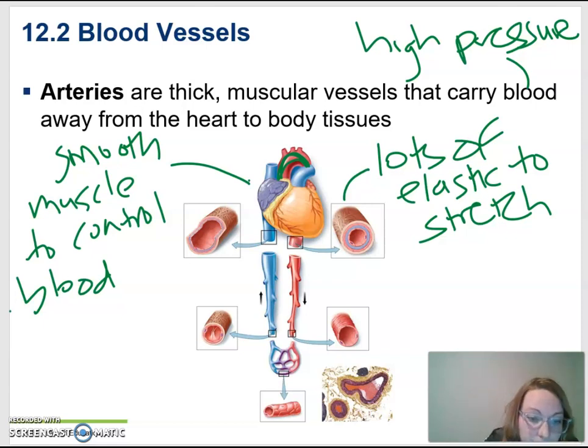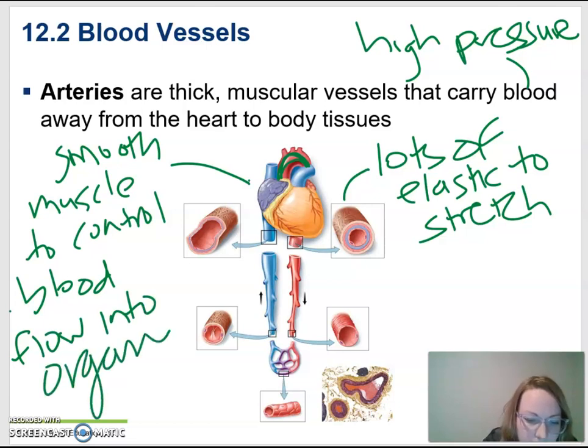Smooth muscle to control blood flow into organs. Okay. So we're just leaving. We're going further and further away from the heart.